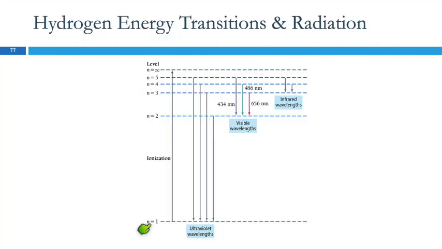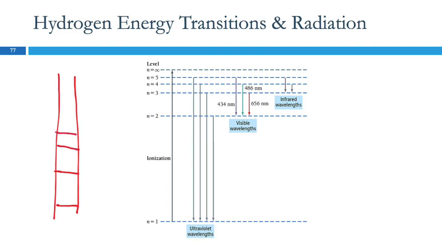As n gets bigger, the distance between the levels gets smaller and smaller and smaller. So it's like you have a weird ladder, and you have to make really big steps down here, and then as you go up to the top, they get closer and closer together. So that's something to remember.